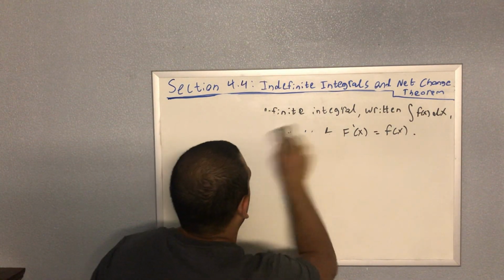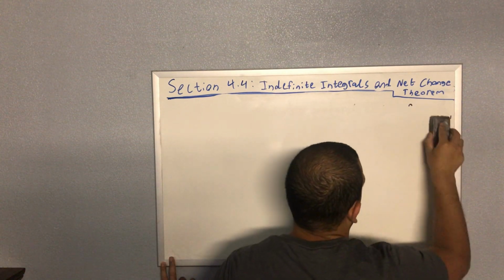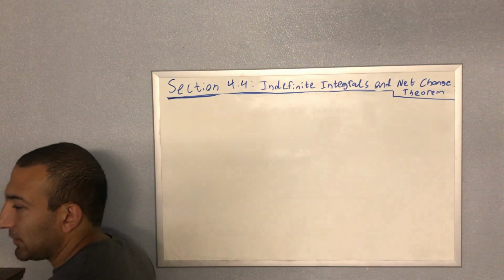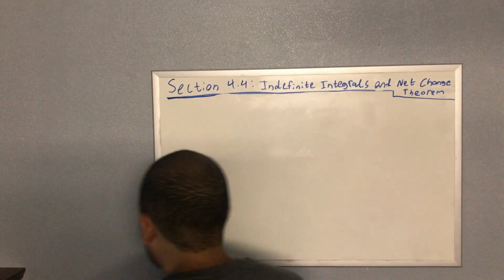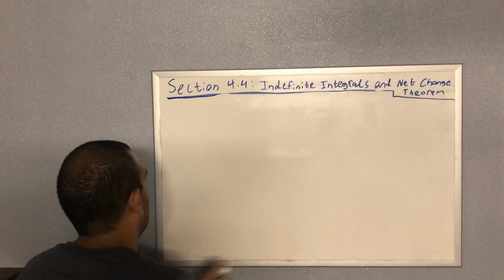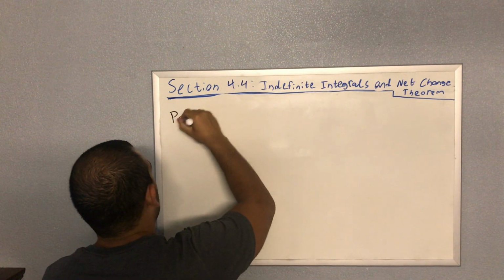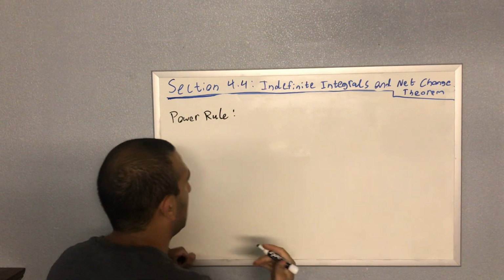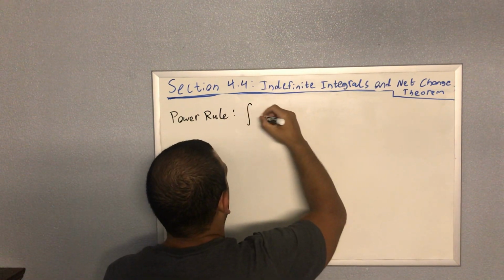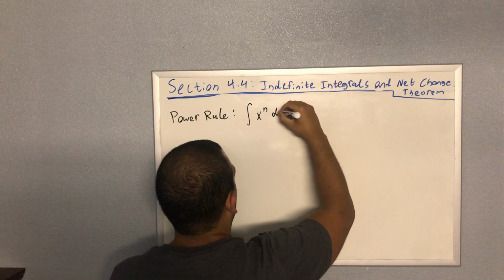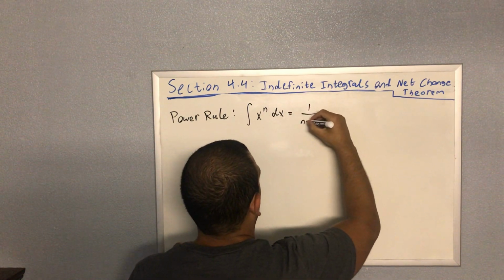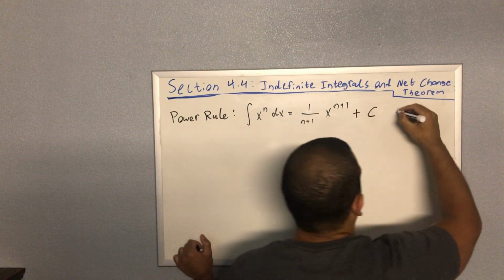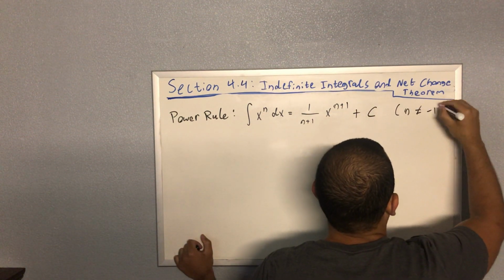There's a bunch of different ones, and these are the things whose antiderivatives or integrals we actually do know. Some of them have names. One is the power rule. Just like with derivatives, there's a power rule, and we talked about this last time. The integral of x to the n is this, as long as n does not equal -1.